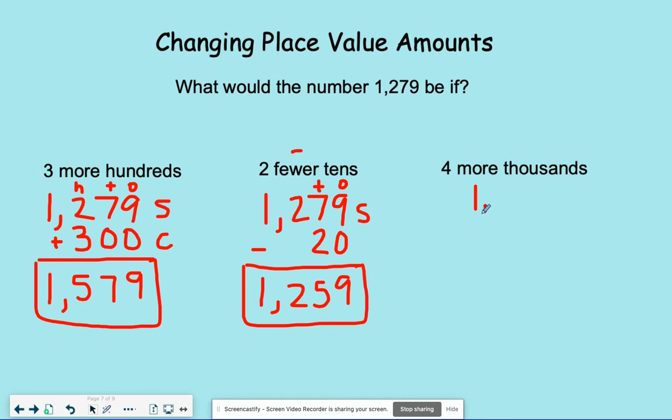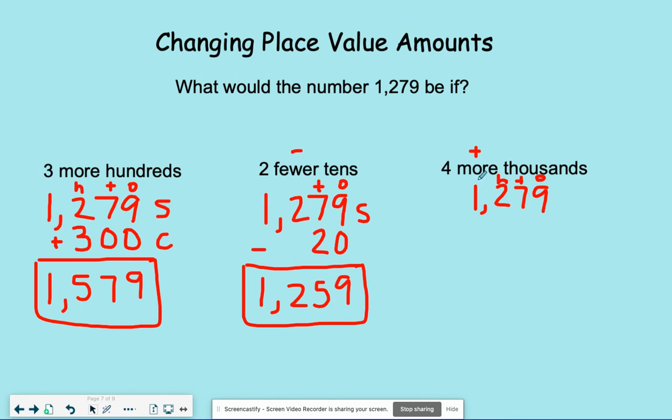So for the next one, we're going to start with our starting amount, 1,279. And this one says 4 more, so more means plus, thousands. Ones, tens, hundreds.